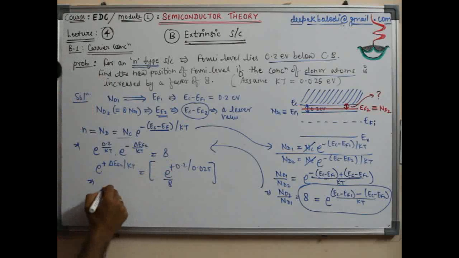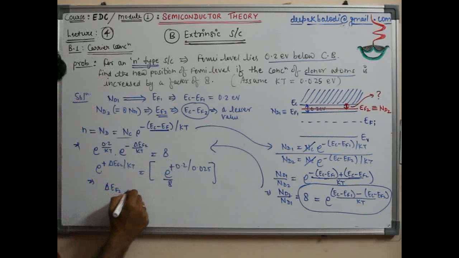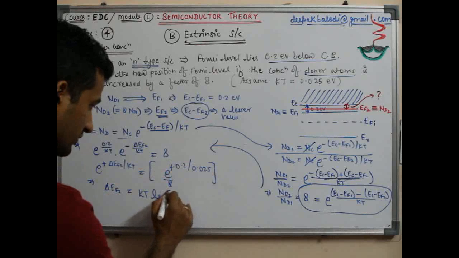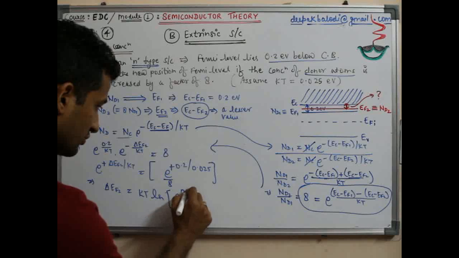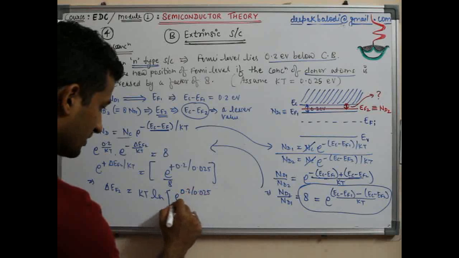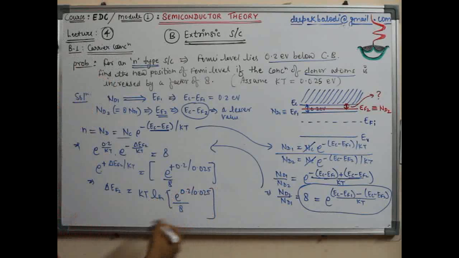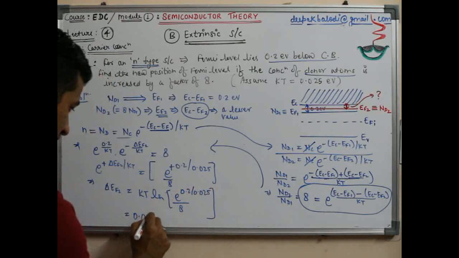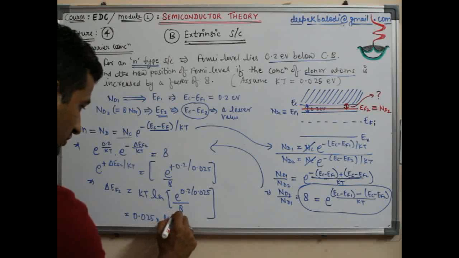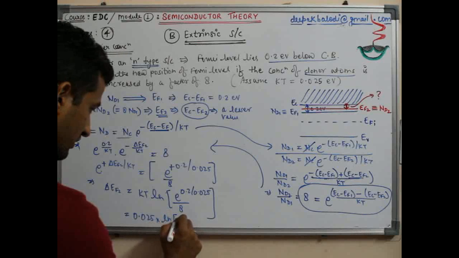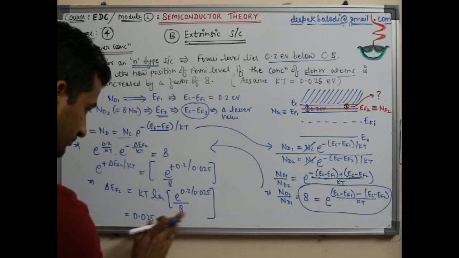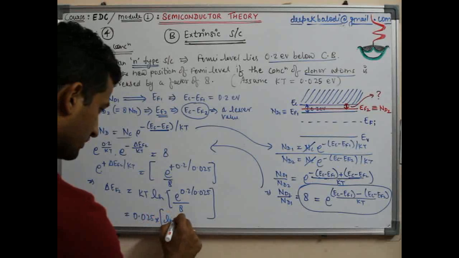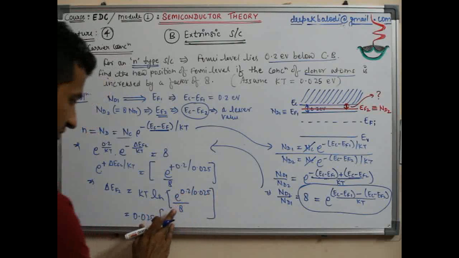Then we take ln. Once we take ln, delta EF2 is equal to KT ln of this whole value. So ln of e to the power 0.2 upon 0.025 by 8. Now you can separate it or you can calculate the total value. So this is 0.025 into ln of e to the power this value, which will make it free from this.